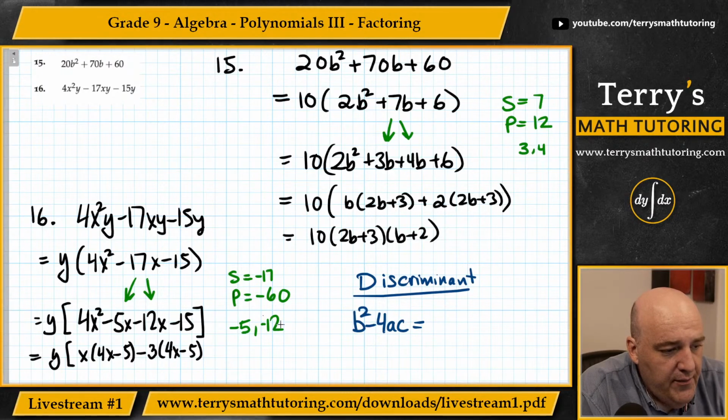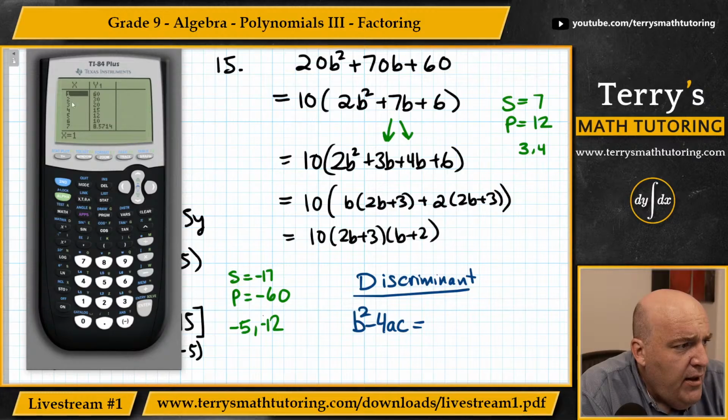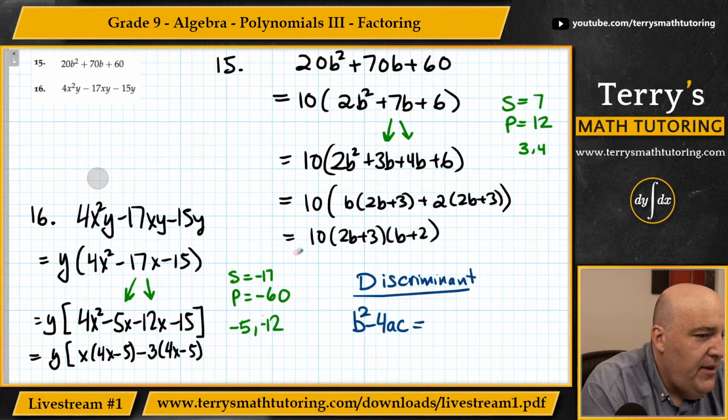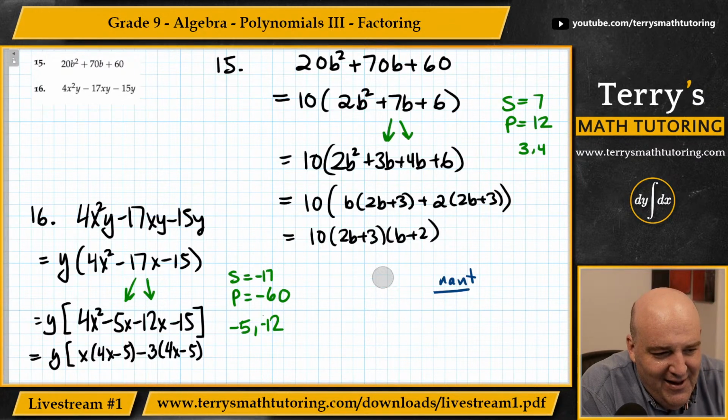You know what? 3 and 20 are the numbers, not 5 and 12. That's why we're having a problem here. That's why I'm having a problem. I'm going to back up.